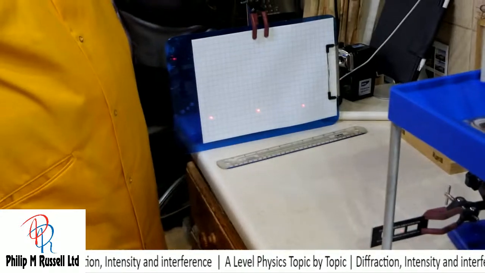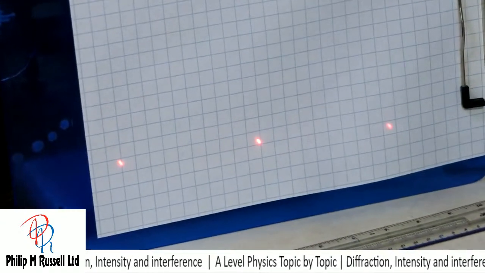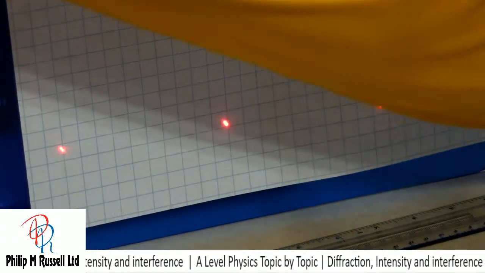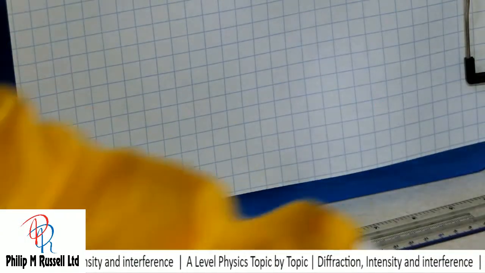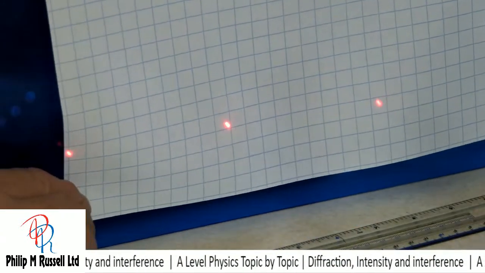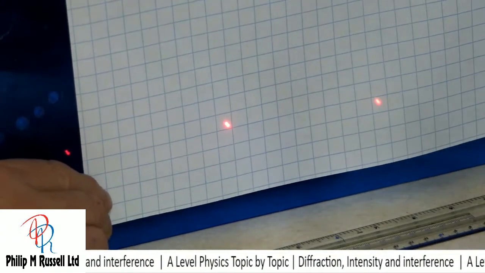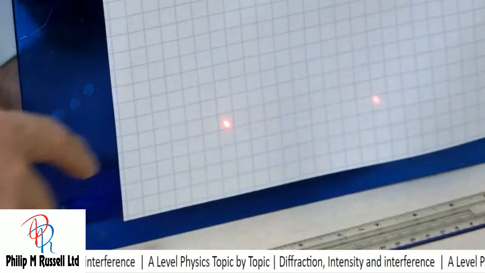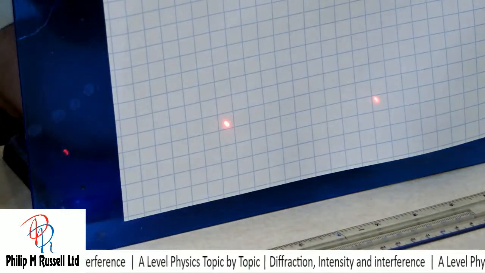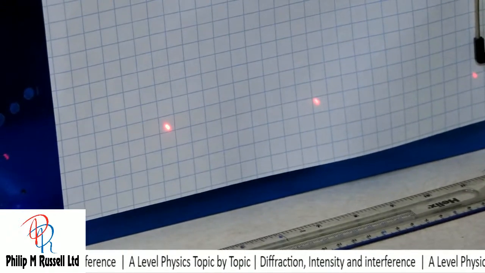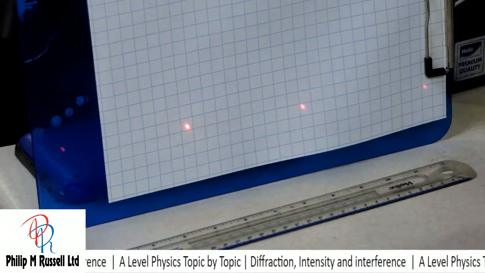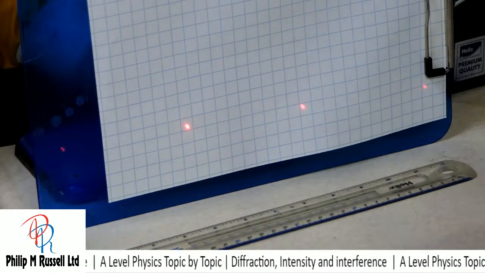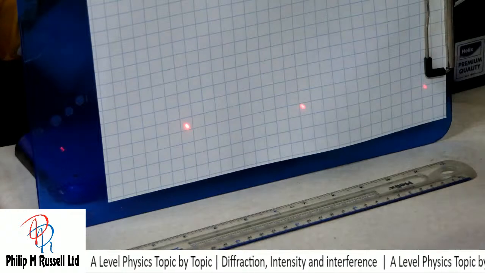Paul's just going to zoom in to show us. And now I've really only got 3 dots. If I move this piece of paper along a little bit, we might see there's an extra one over there. We're getting this spread out. So with 100 lines, it's spreading out so much. With 300 lines, it's spreading out much more.